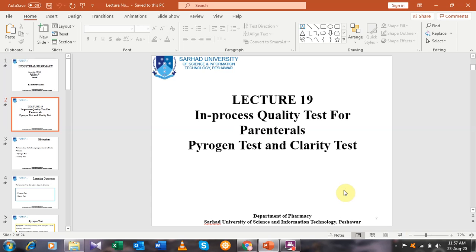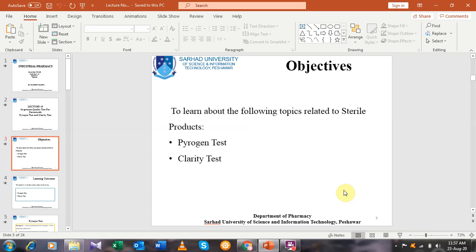But remember that we will study and discuss in detail the pyrogen test and clarity test. These are also in-process quality control tests. These are performed for the sterile and parenteral products as well. Dear students, the main focus of this lecture is to learn about the pyrogen test and clarity test that are performed for the parenteral or sterile products.